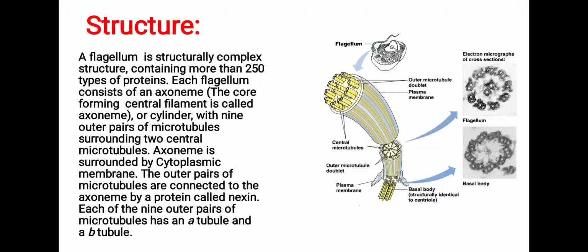Students, next is structure of flagellum. A flagellum is a structurally complex structure containing more than 250 types of proteins. Each flagellum consists of an axoneme. Axoneme is the core-forming central filament or cylinder with 9 outer pairs of microtubules surrounding 2 central microtubules.